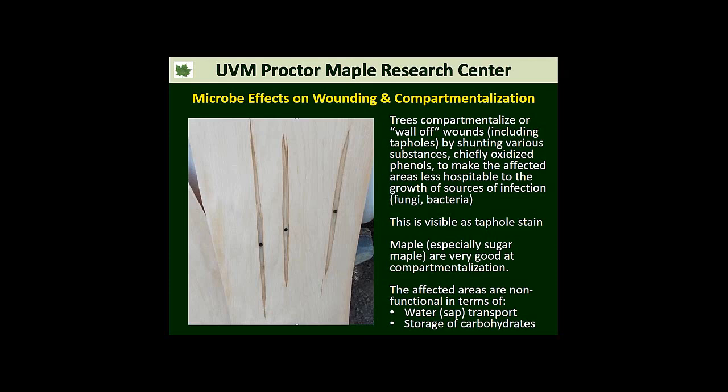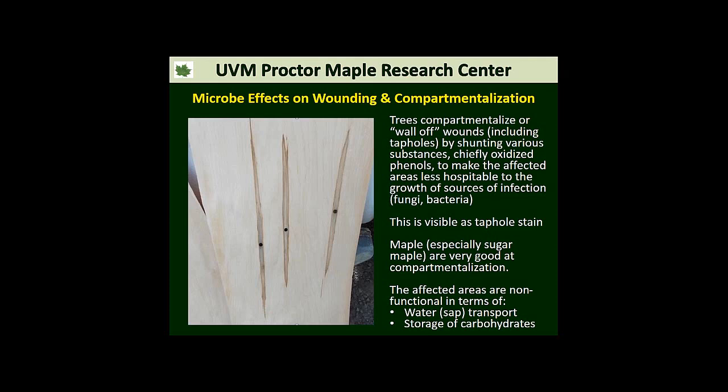And what you see from that is the development of this brown wood that's around the tap hole. It's about as wide as the tap hole is and about as deep as the tap hole. It doesn't extend much beyond them in those dimensions, but vertically the stain is much, much longer because that is the way that the vessels are oriented in the tree.